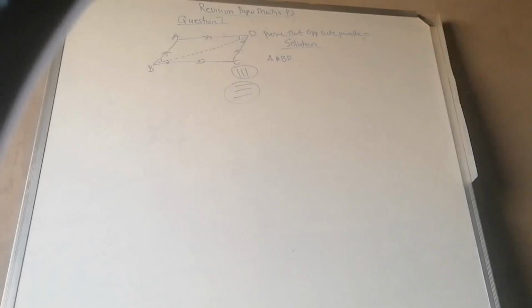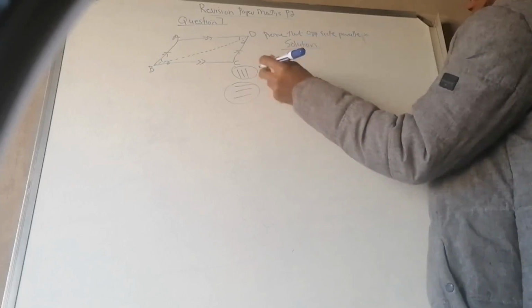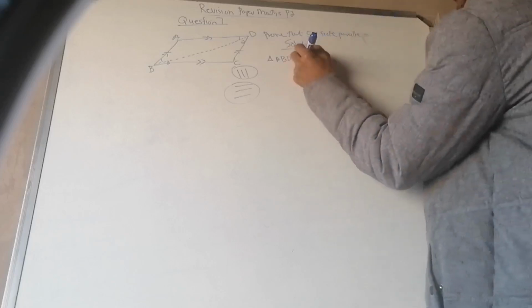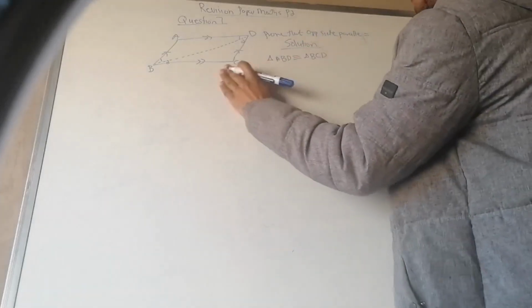Let me go through the notes very fast to check. Yes, I think we are using this for congruence. This is congruency and this is similarity. So triangle ABD is congruent to triangle BCD.